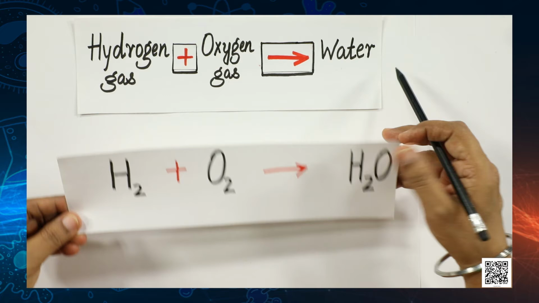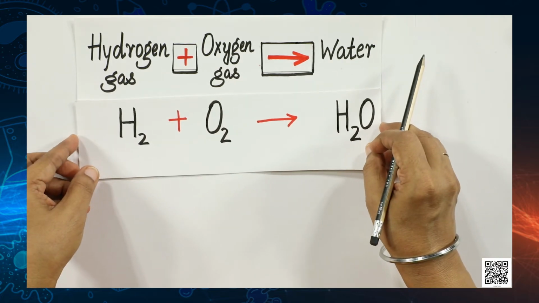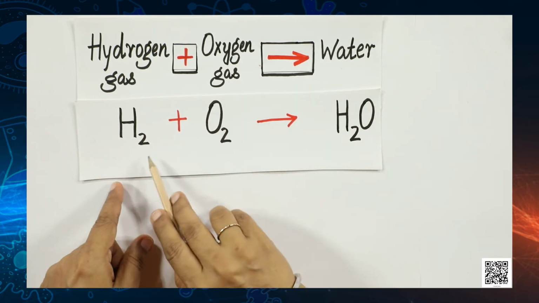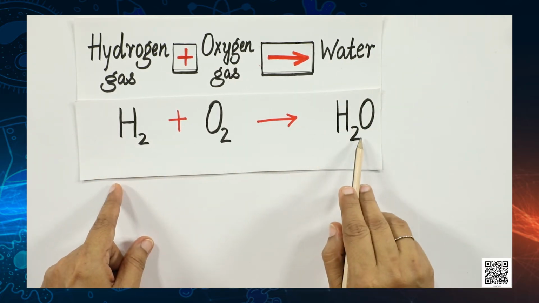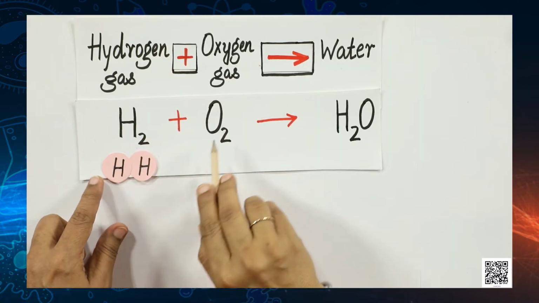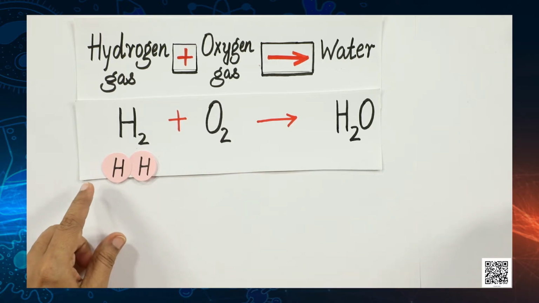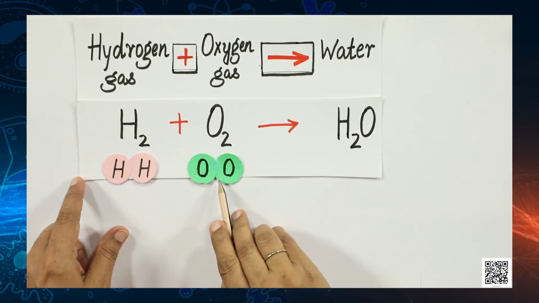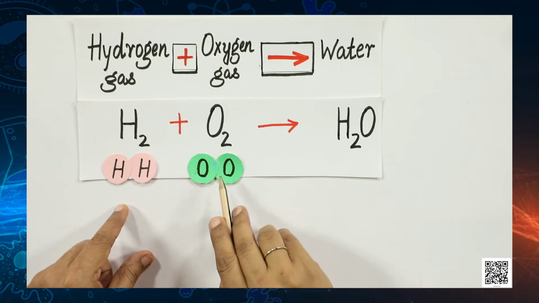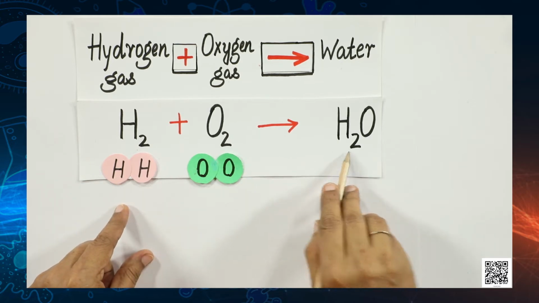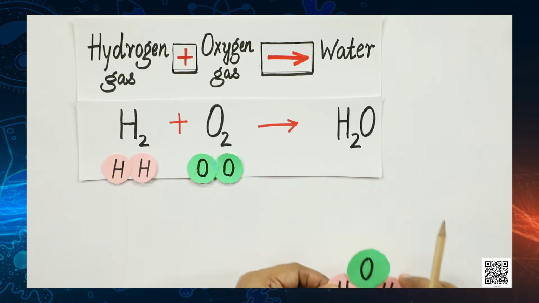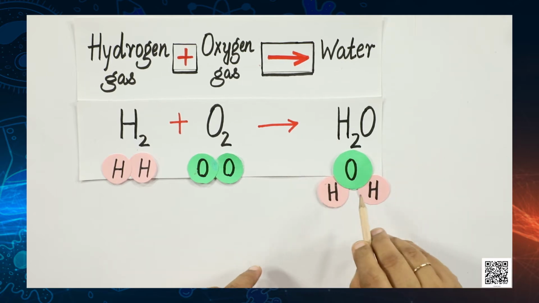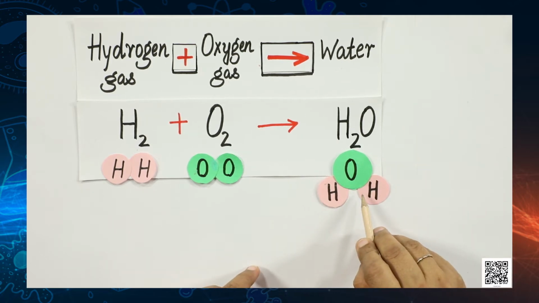Now, let us visualize what is happening behind this. So, here we have 2 hydrogen atoms forming a hydrogen molecule. I have represented it like this, and the oxygen molecule is formed by 2 oxygen atoms, which is forming water. So, water is represented like this over here.